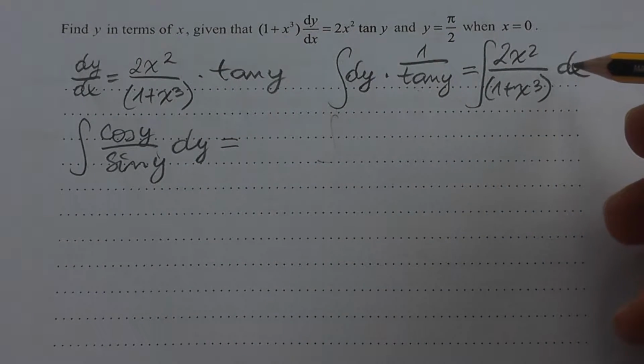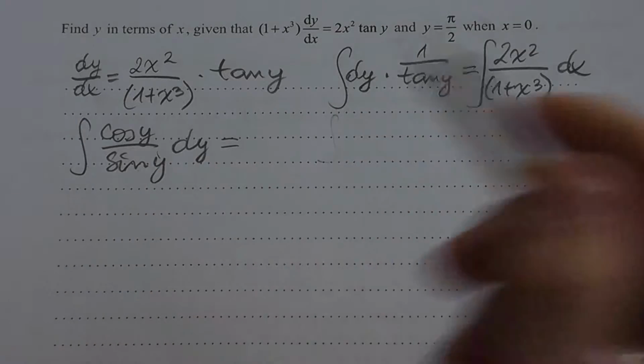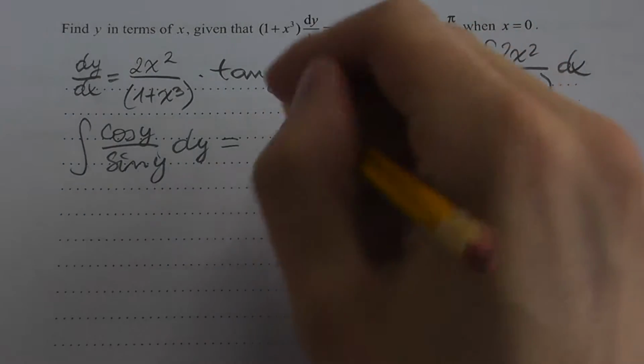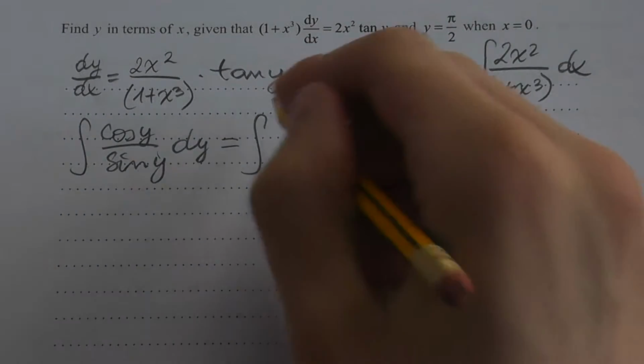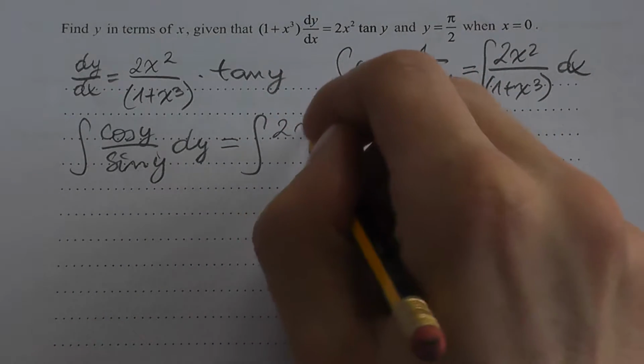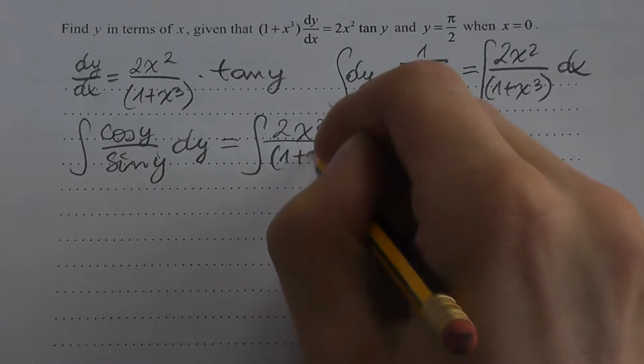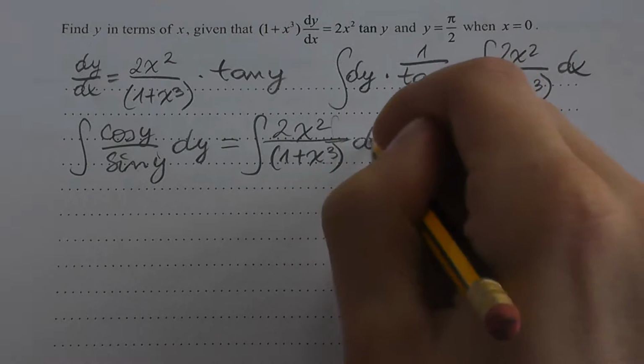And this we're going to integrate as well as this using substitution, but in the next step. So let me just rewrite it as 2x squared over 1 plus x cubed times dx.